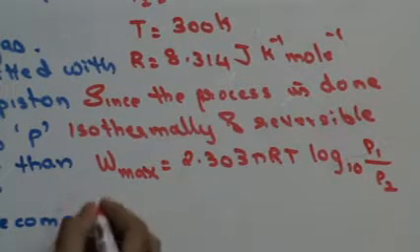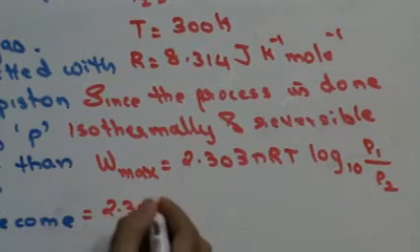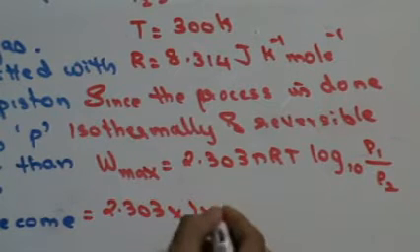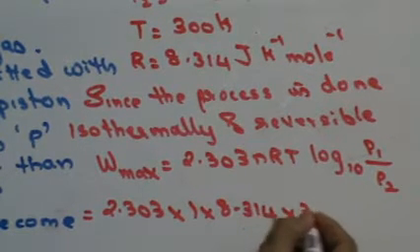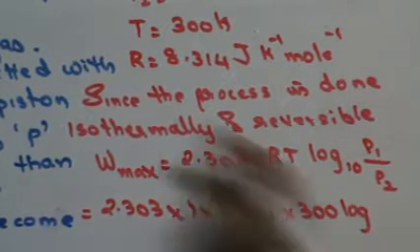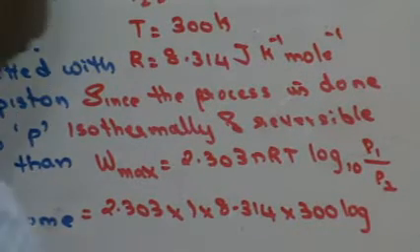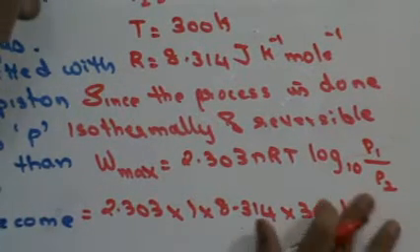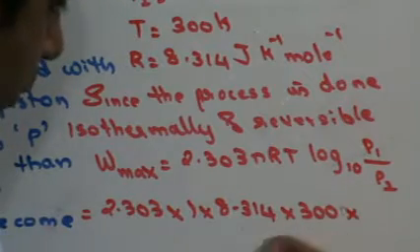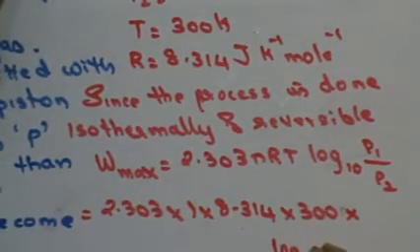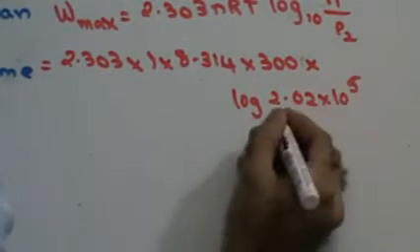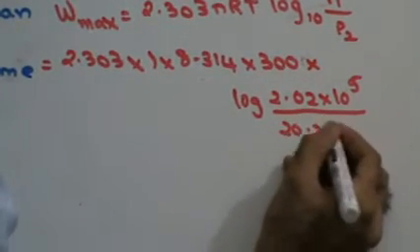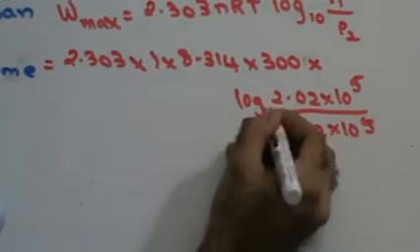So this is going to be equal to 2.303 into n, 1 mole of gas, R 8.314, temperature already given to you in Kelvin scale, into log of P1 upon P2, 2.02 into 10 raised to 5 divided by 20.2 into 10 raised to 5 to the base 10.